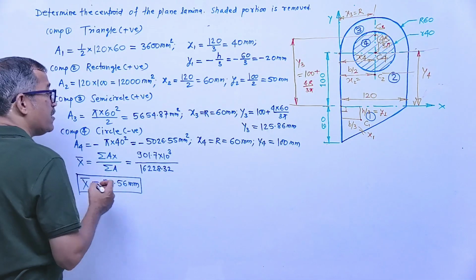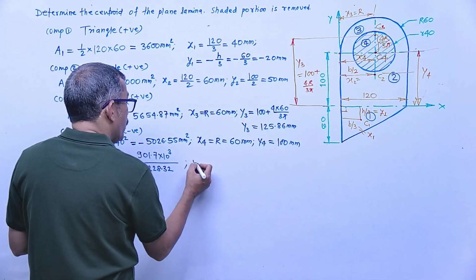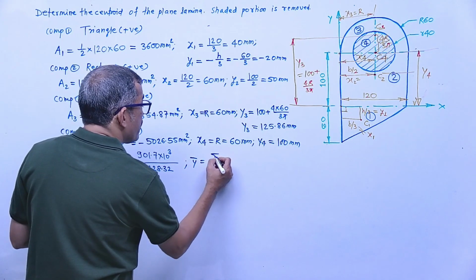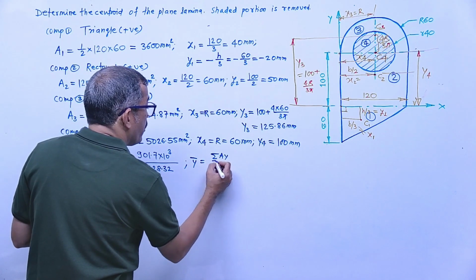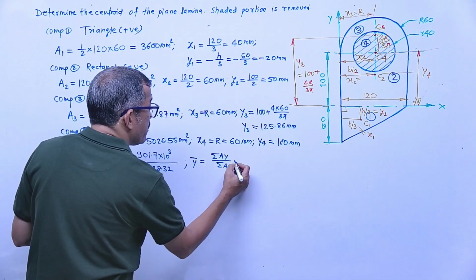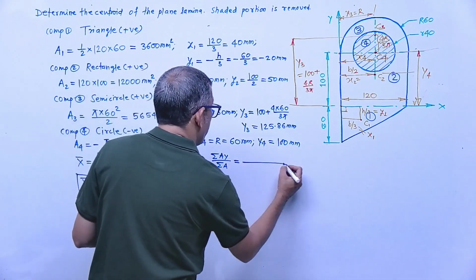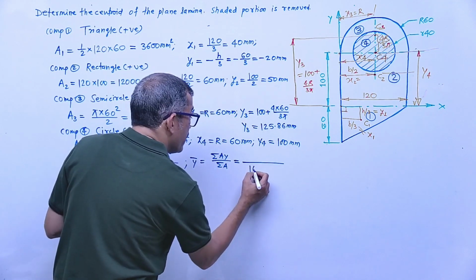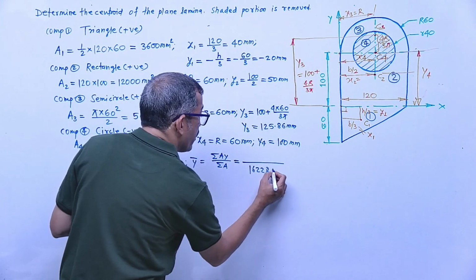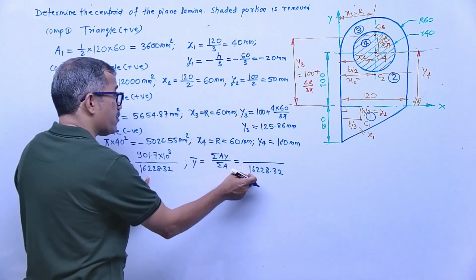Similarly, how will we find y bar? Summation of ay upon summation of area. Summation of area is the same. How much? 16228.32, right? Same summation of area.